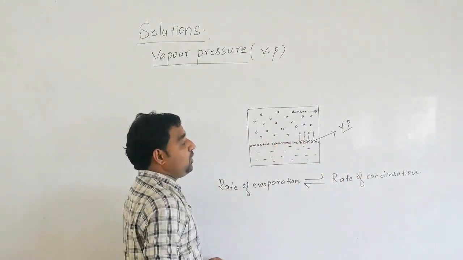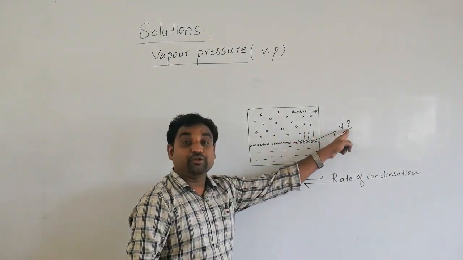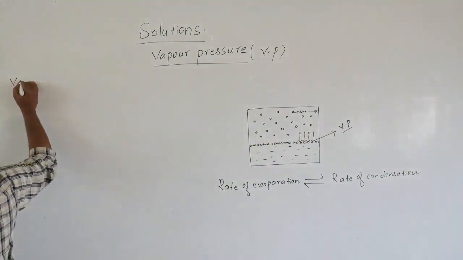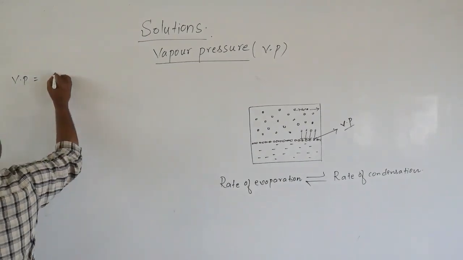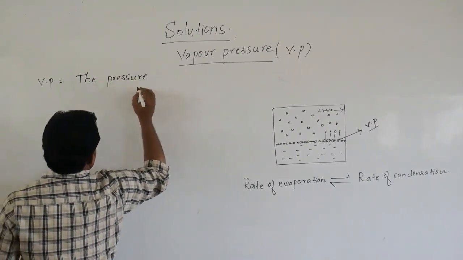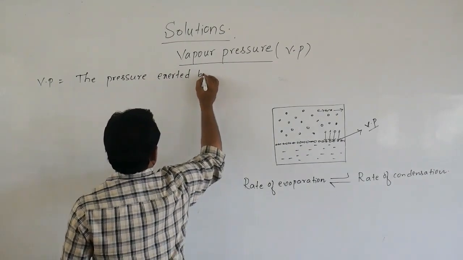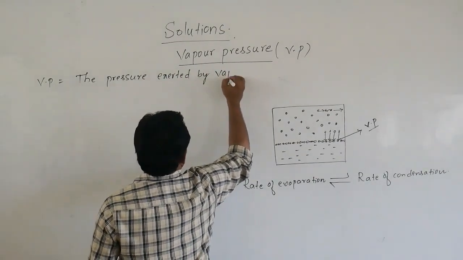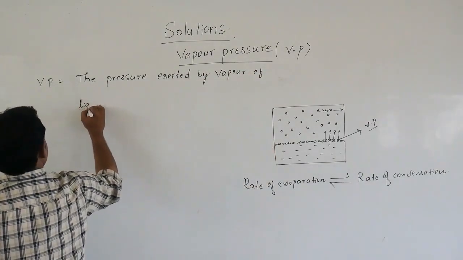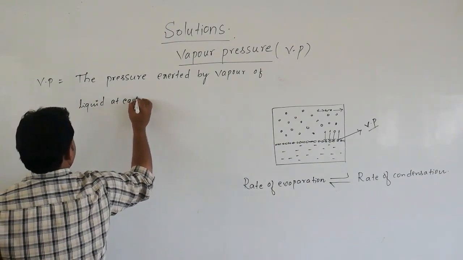In such a condition, whatever pressure is created by this vapor is known as the vapor pressure of the liquid. How to define this? Vapor pressure is equal to the pressure exerted by the vapor of a liquid at equilibrium.